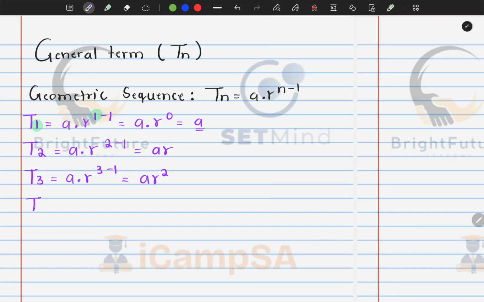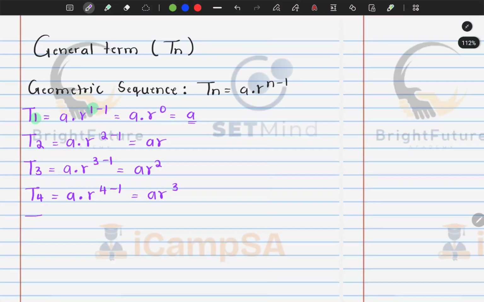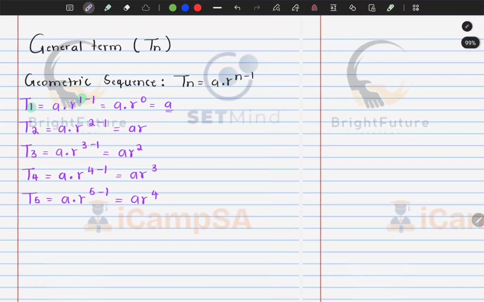Then term number 4 will be a times r to the power of 4 minus 1, which will be ar to the power of 3. Then let's do term number 5. That will be a times r to the power of 5 minus 1, which will be ar to the power of 4.